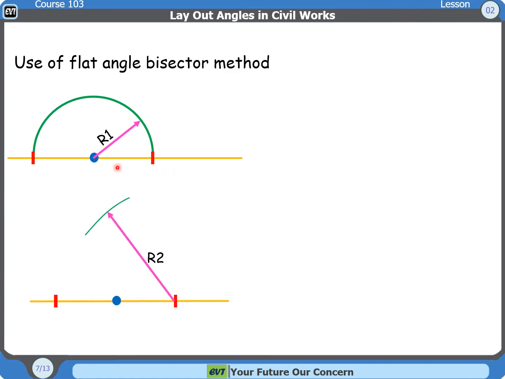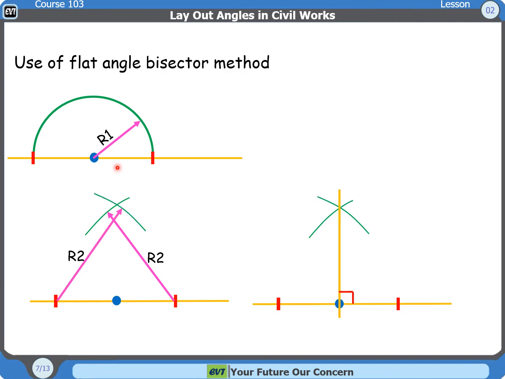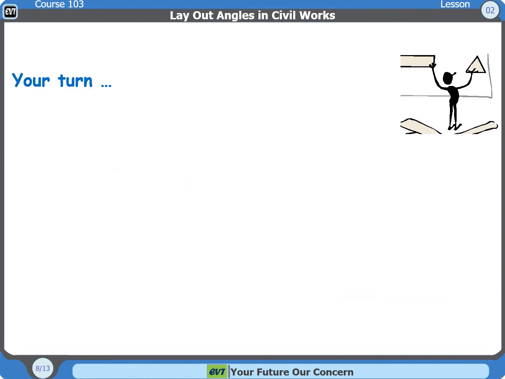Taking these 2 points as centers, draw arcs with the same radius to intersect each other at a point. Join this point with the base point, making a right angle with the baseline. This is the result. I leave you to make these 2 methods by yourself. This is your turn: using the 3, 4, 5 method and using the bisector.